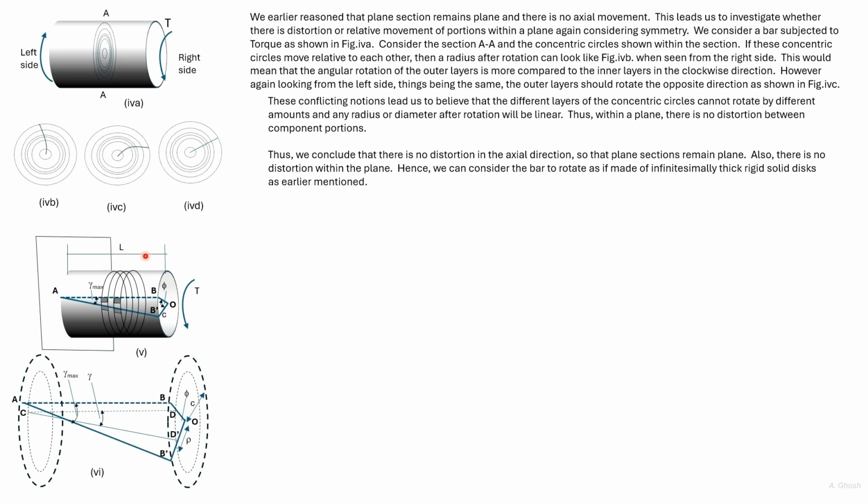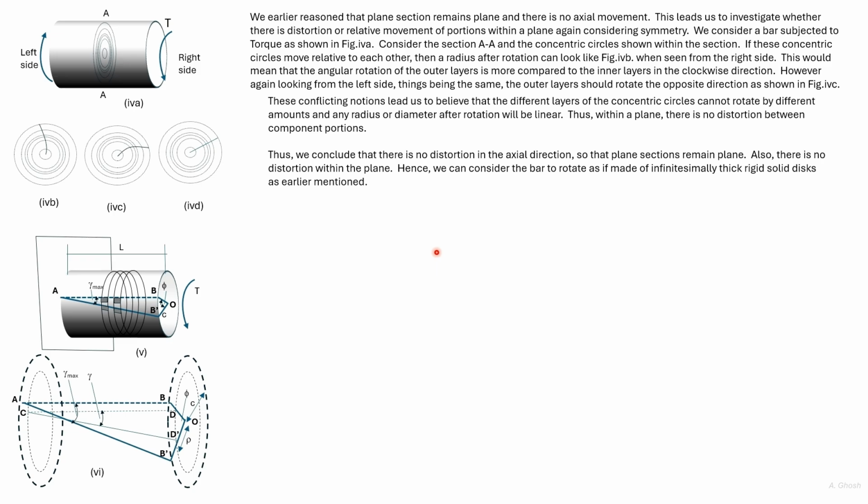Consider a section taken perpendicular to the axis near the point B. Then the internal torque on that section would be T. If we take a section near the left end that is perpendicular to the axis, again the internal torque acting on the section would be T. So along the length, on any perpendicular section to the axis, the internal torque acting is T. We can therefore think that the strain will be the same along the length as we have just seen.